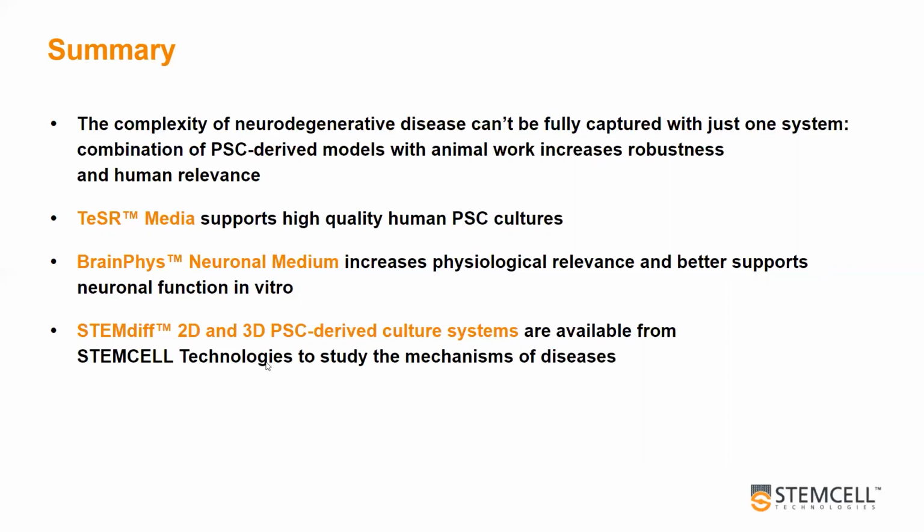STEMCELL Technologies provides TeSR media to support high-quality human PSC culture. And our BrainPhys neuronal medium can increase physiological relevance and better support neural function in vitro. Moreover, STEMCELL Technologies provides STEMdiff 2D and 3D PSC-derived culture systems to study the mechanisms of diseases.